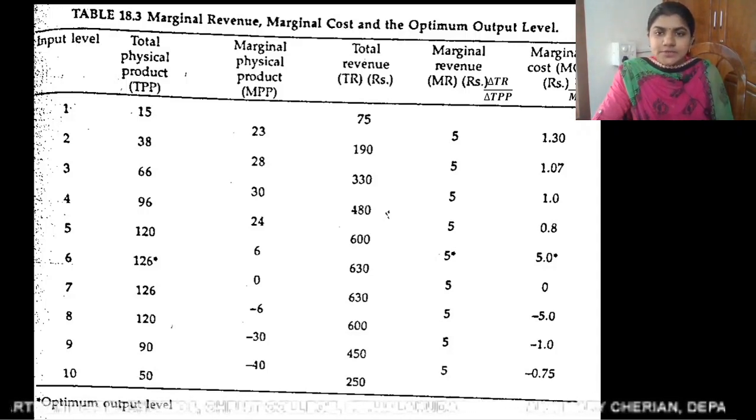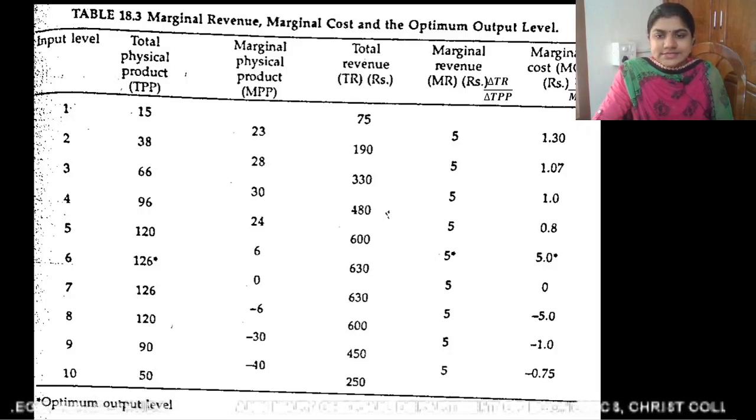In the third unit, 30 by 28, we will get 1.07. Fourth unit we will get 30 by 31. Fifth unit we will get 30 by 24.8.